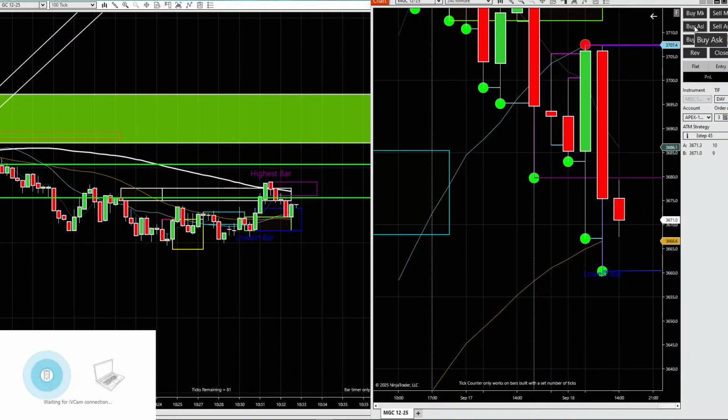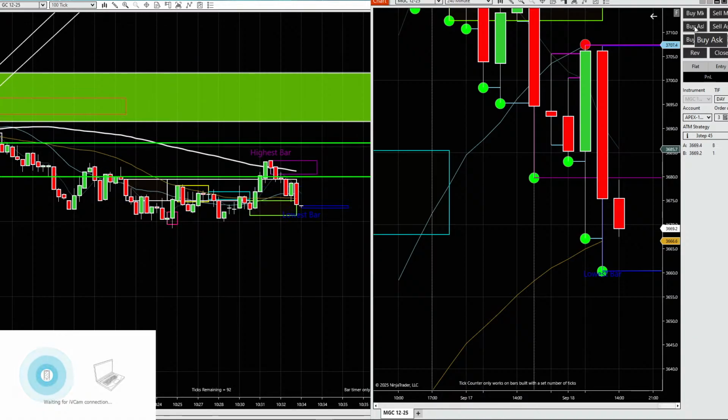Didn't clear the high. This could be a double inside turn. Okay, erase that green bar.